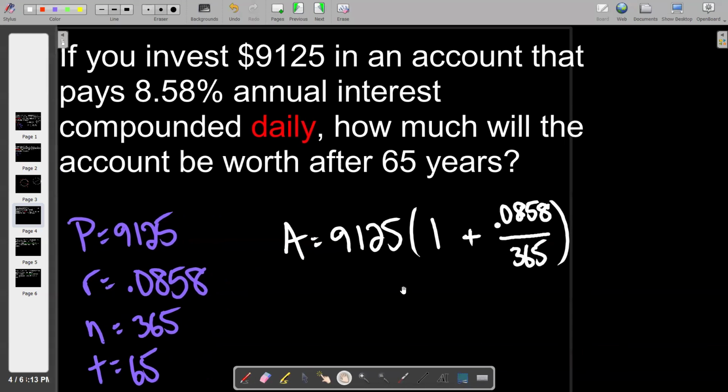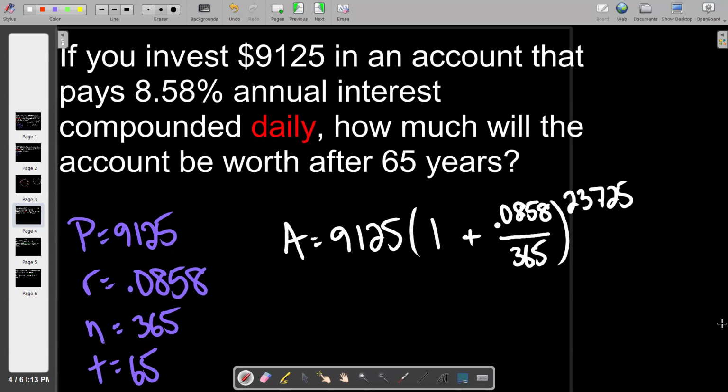So we have 23,725 as our power. Try that again: 365 times 65 years. 23,725 is the actual exponent because we had to take our n and our t and multiply them together.